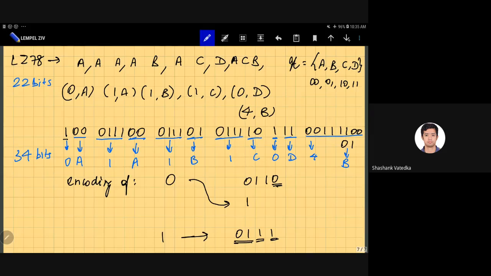So for what kind of sequences would LZ78 or LZ77 perform well? Or in other words, why do you think LZ78 is not performing very well for this example? Maybe n is small. Sure. So of course n is small.